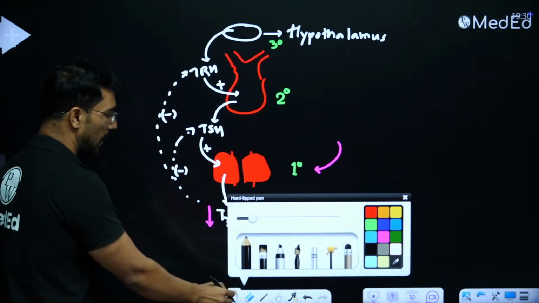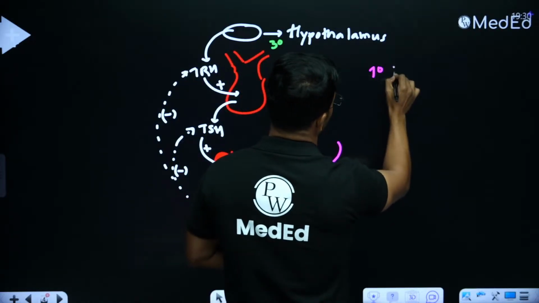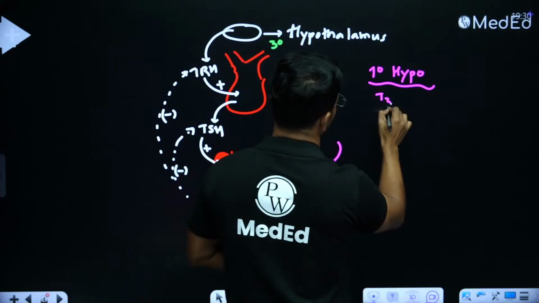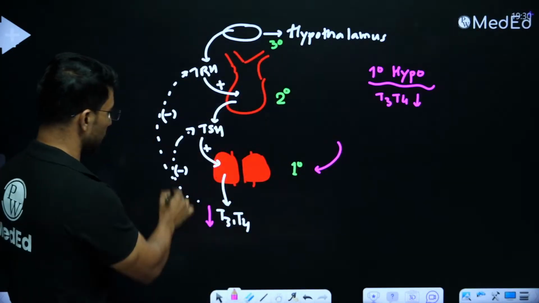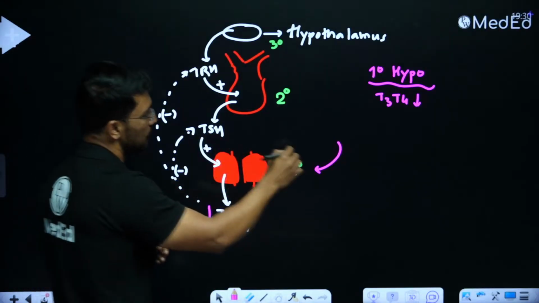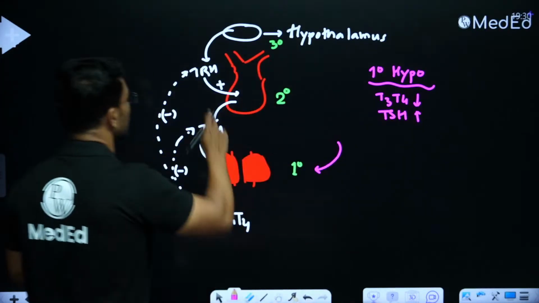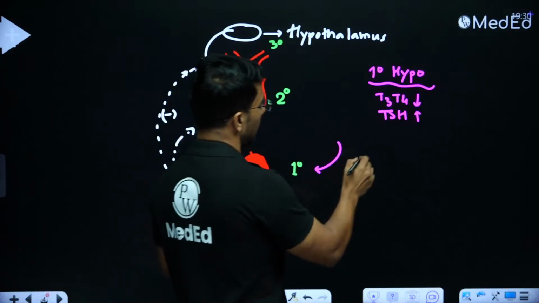So if I'm having primary hypothyroidism, my T3 and T4 will be less, right? So to compensate, because I'm now losing the negative feedback, TSH will be high. And what will happen to the TRH? Even that negative feedback is lost, so TRH will also be high.